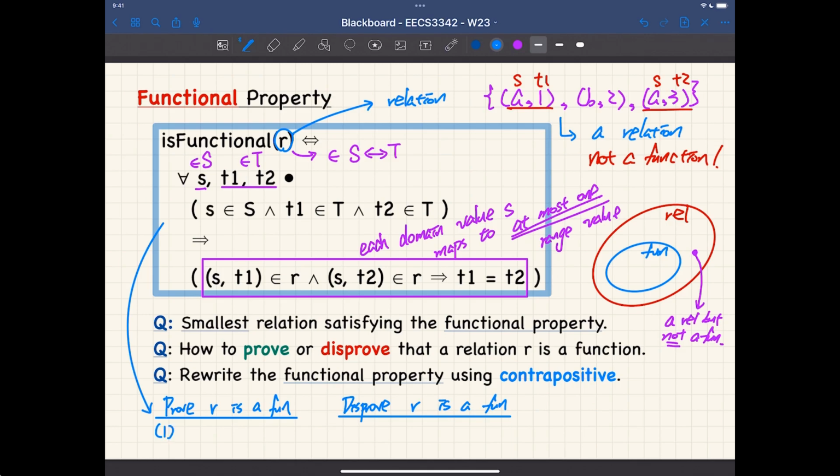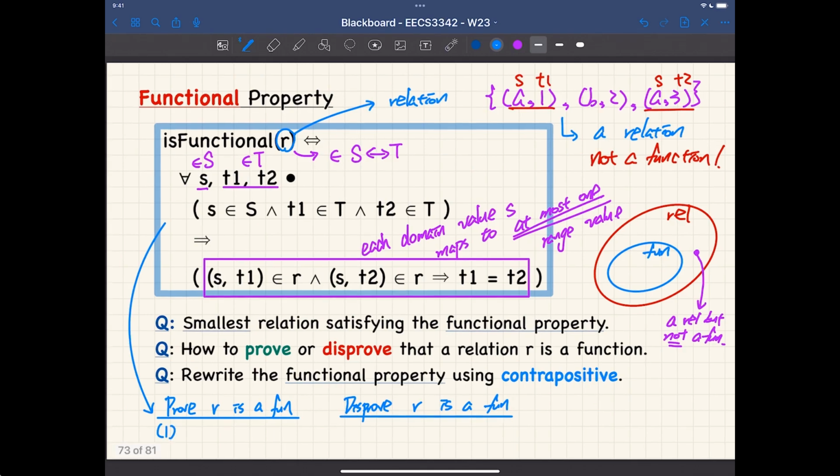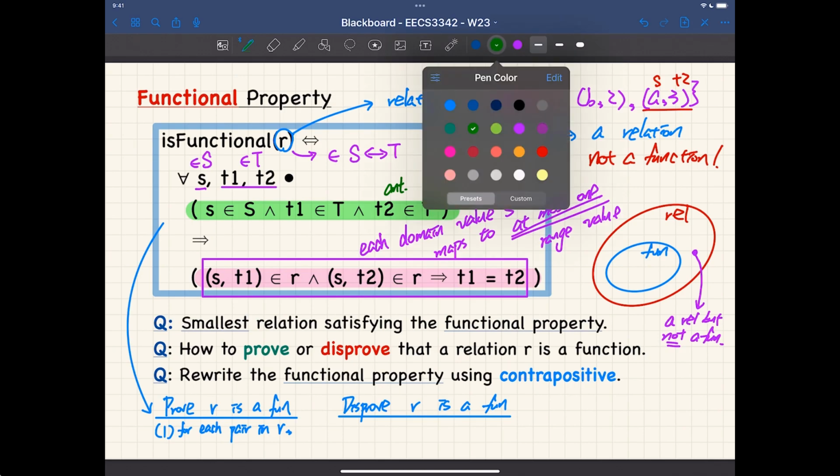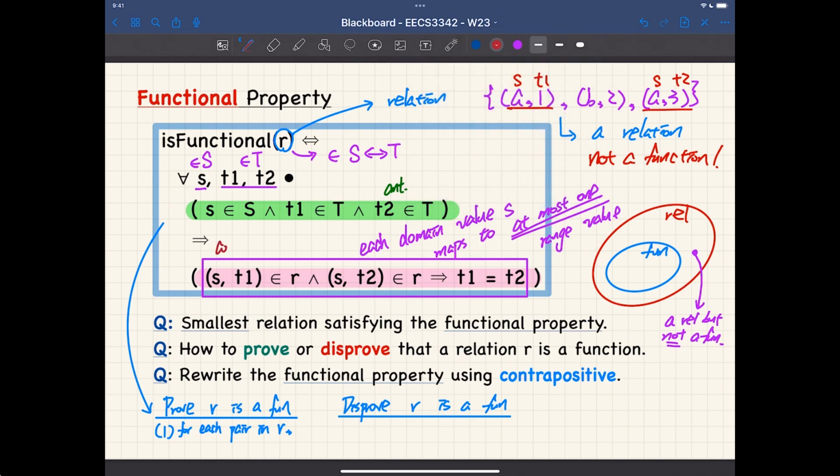Number one, you want to prove that for each pair in R. So here, let's clarify some terminology. This will be what I call the antecedents. This will be what I call the consequence. It's easier for me to refer to it. Let's say this is the antecedents. And this one here, let's say that's a consequence.